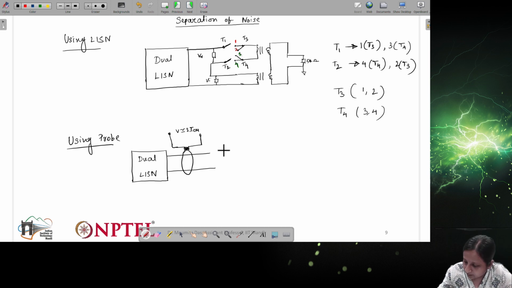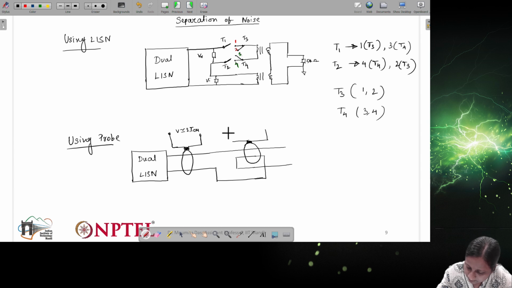Now if we connect this probe a different way, if we twist it here like this and measure the current here, this will give us the voltage which is equivalent to 2 IDM.